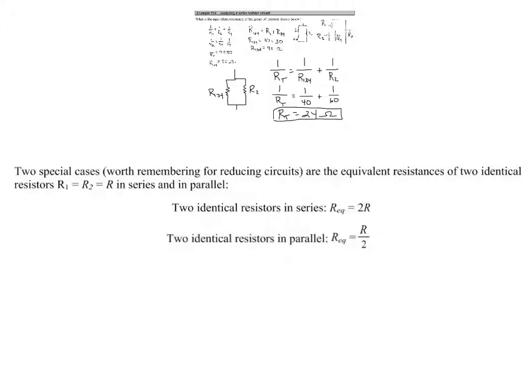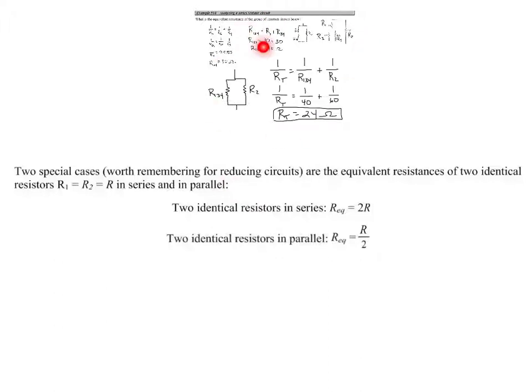It doesn't have to just be two, it could be 4, 10, whatever. If they're all identical, if they're in series, you can deal with them this way. And if they're in parallel, it's just the resistance divided by the number of resistors. But this only works when those resistors are of equal resistances. In this problem up here, that wouldn't have worked because the resistors are different resistances.